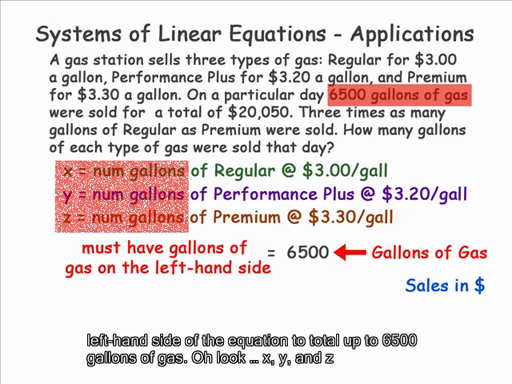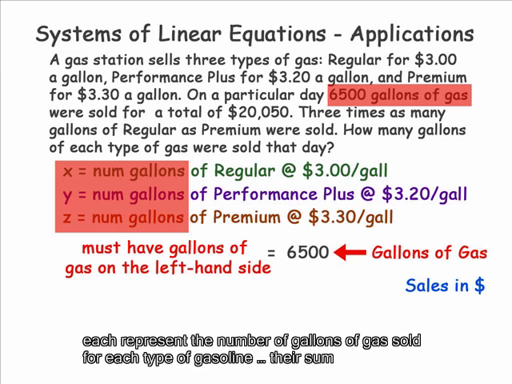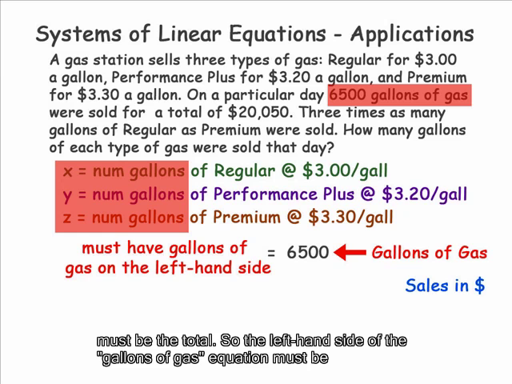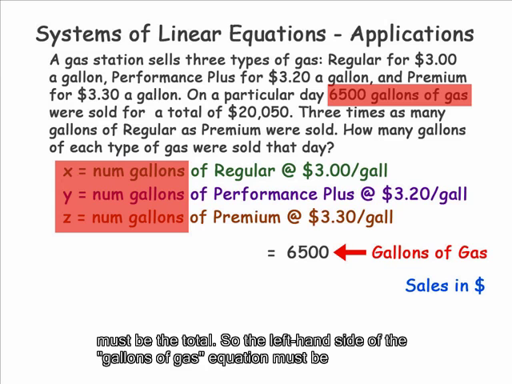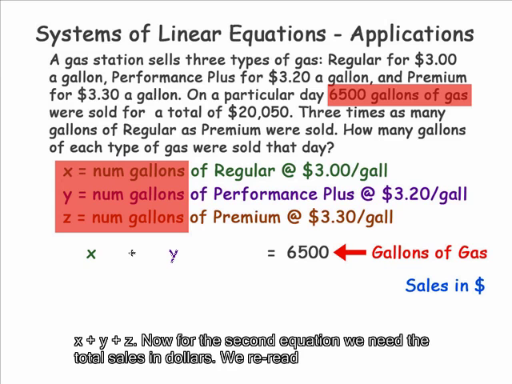Oh, look! X, Y, and Z each represent the number of gallons of gas sold for each type of gasoline. Their sum must be the total. So the left-hand side of the gallons of gas equation must be X plus Y plus Z.